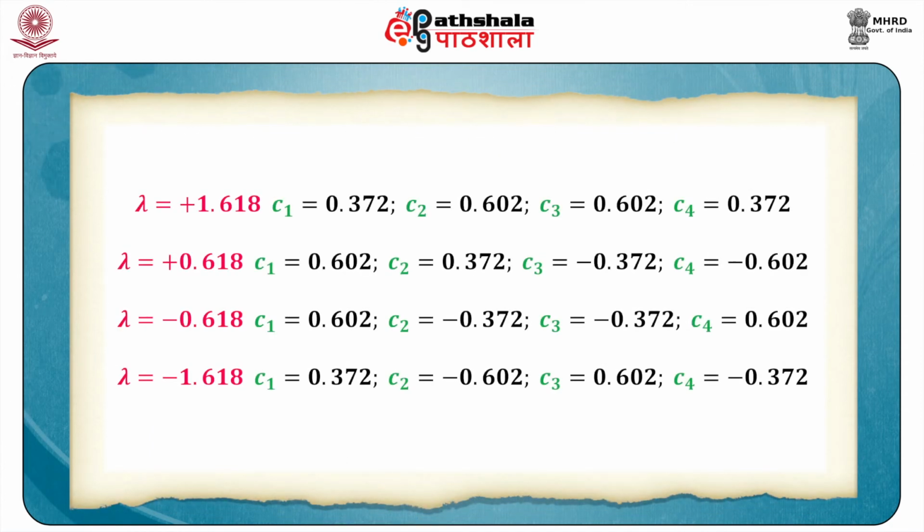And these values come out to be, as you can see here, when lambda is equal to plus 1.61, then C1 is equal to 0.372, C2 is 0.602, C3 is 0.602 and C4 is 0.372.